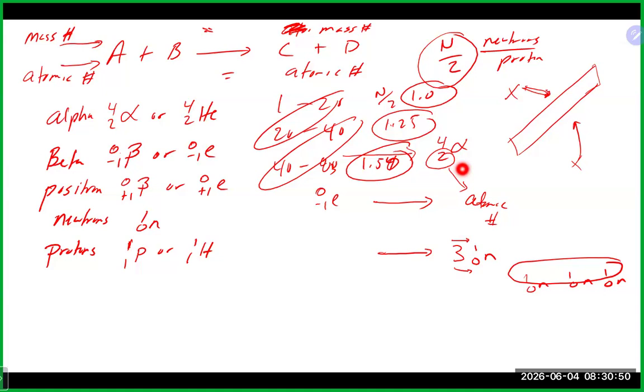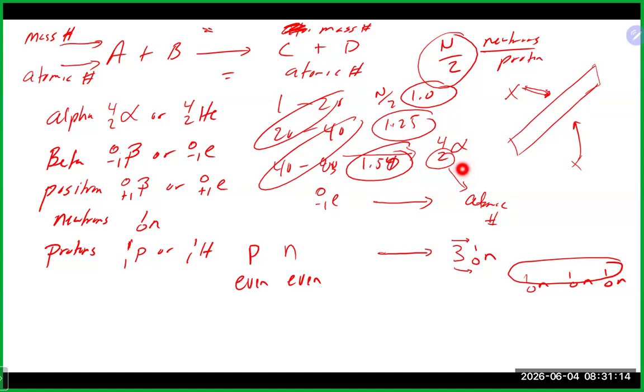The other things that you can sometimes look at in terms of helping you understand stability, the best condition is where we have even numbers of both protons and neutrons. So we have even protons and even neutrons. That's a pretty good arrangement for stability. We have the most stable nuclei with that arrangement.